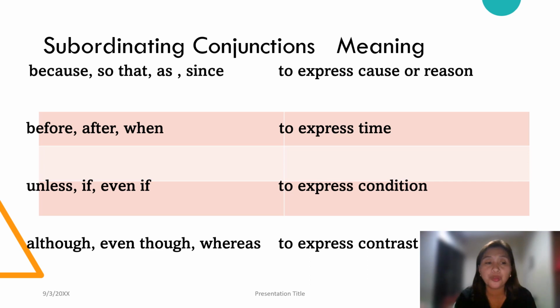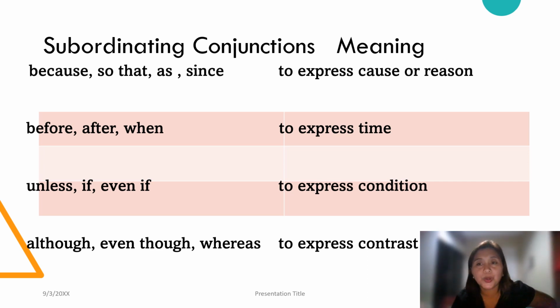Next is although, even though, whereas. You use these subordinating conjunctions when the ideas express contrast, meaning they contradict each other. They don't agree with each other, right?